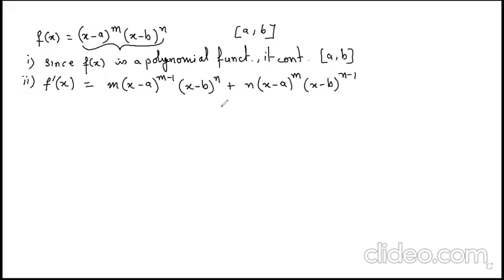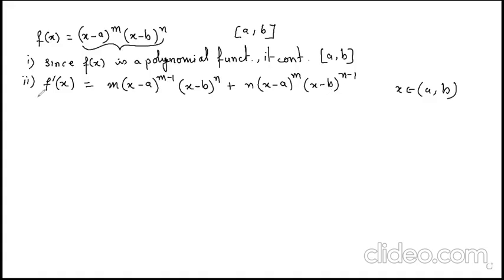Now look at the derivative. Obviously, this derivative will have a finite value for x lying between a and b. That means it exists, it is derivable. If it diverges to infinity or minus infinity, then we say that it won't be derivable.